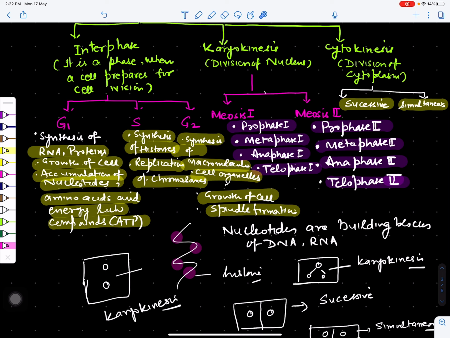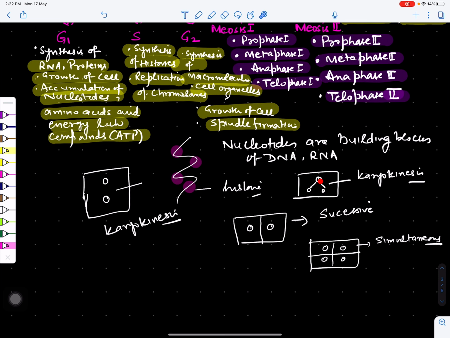Now, after division of the nuclei, the cytoplasm will also divide. This is called cytokinesis. This is further of two types, successive and simultaneous. Like this division of one nucleus into two is called karyokinesis. When two nuclei are produced, and wall formation occurs like this, after the division of the nuclei, division of cytoplasm occurs, wall formation occurs.